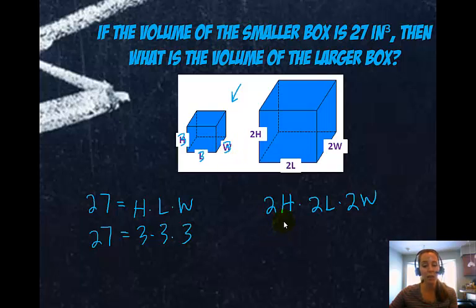So if we're going to double that, 2 times 3 is going to be 6, 2 times 3 is going to be 6, and 2 times 3 is going to be 6. So there are our new dimensions. If we go ahead and cube those, 6 times 6 is 36, and 36 times 6 is 216. All right, and that's inches cubed. And that's the final answer.